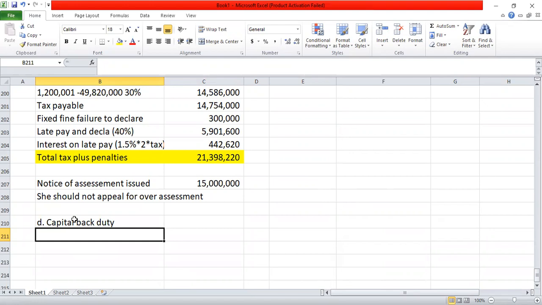Once you have the net asset value, which is the net worth, then the increase in the net asset value gives you an income. This works similar to the net worth method.